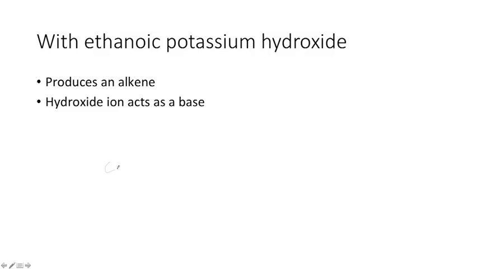So, for example, let's take a bit more complex, not too complex, obviously, but a bit longer halogenoalkane. And what we can do in this reaction, we can make ourselves an alkene with this double bond here being the functional group.